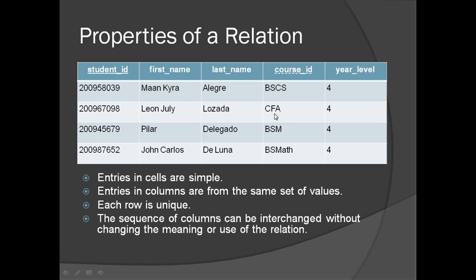The data within the fields of every record do not change. Fifth property. The rows may be interchanged or stored in any sequence. The order of the rows doesn't matter. If I exchange these two rows here, the student with student ID 45679 will still be Pilar Delegado.